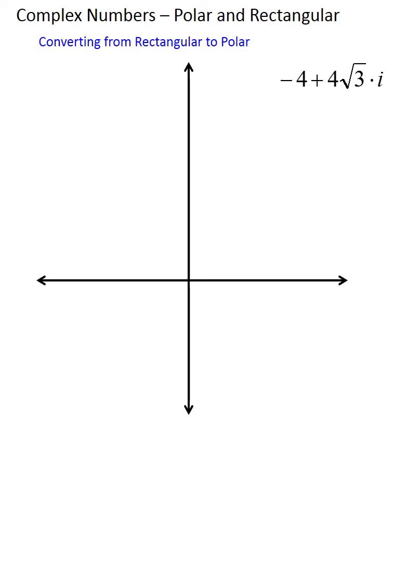Let's recall that rectangular form is one in which we're given the x coordinate and the y coordinate, which I will put there where these tick marks are. And therefore, the point corresponding to this complex number is right here above and across from the tick marks. So if we want to convert this to polar form, which is what we're being asked to do, we're going to need to know its distance, r, and its angle, theta.